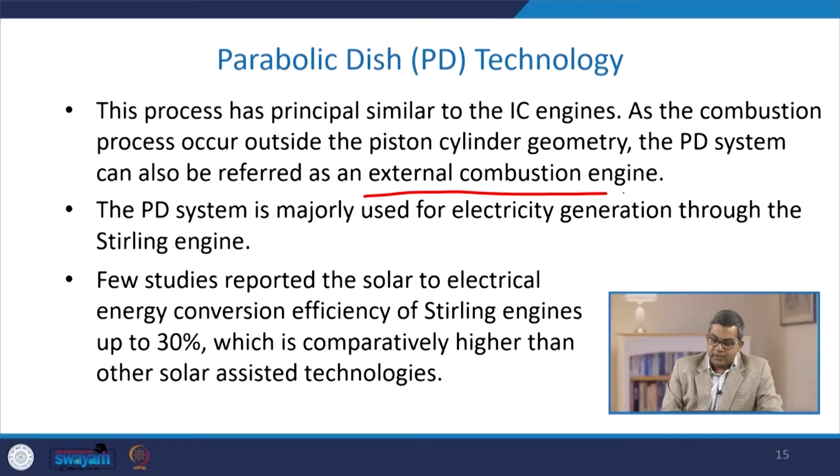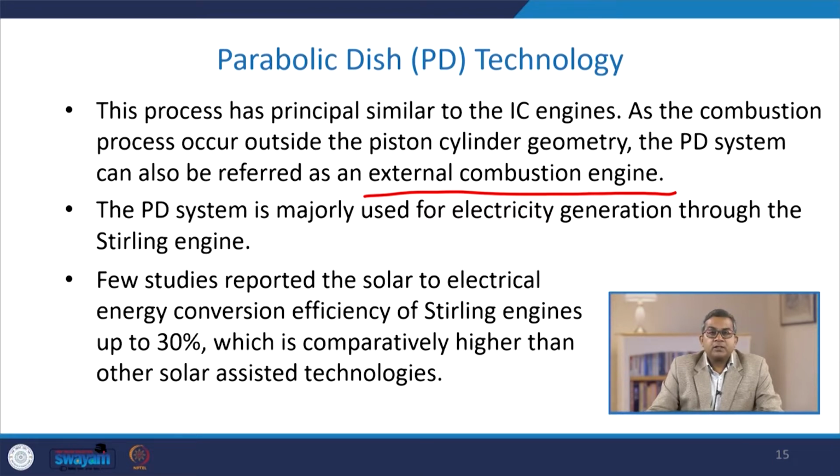This process has a similar principle to what we observe in an internal combustion engine. As the combustion process occurs outside the piston cylinder geometry, the parabolic dish system can also be referred to as an external combustion engine.